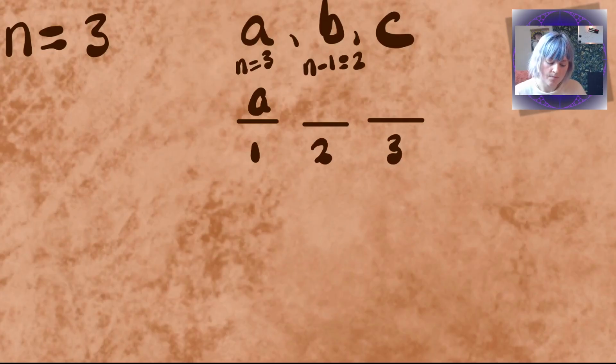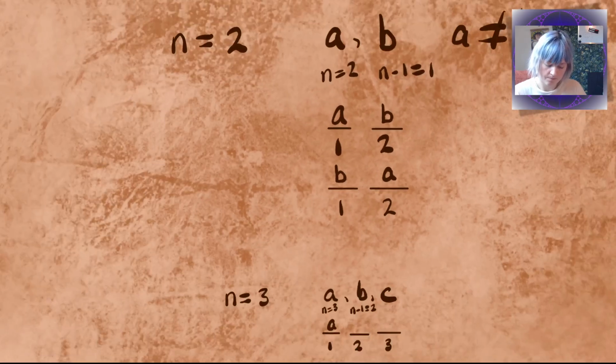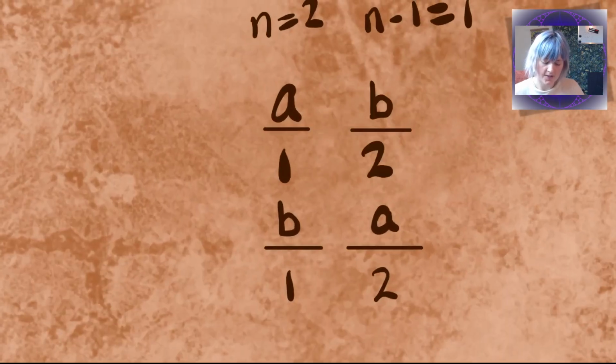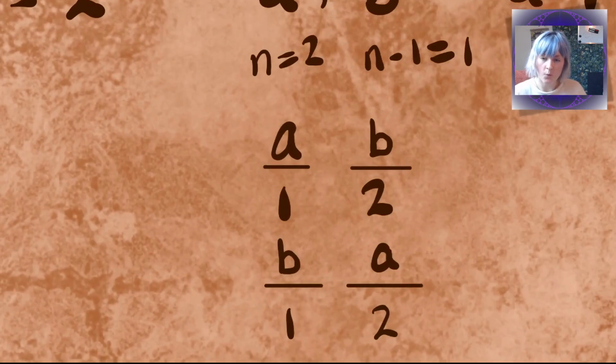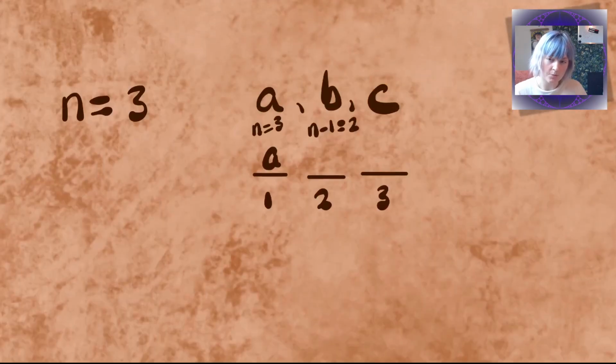So before, when I went to the second position up here, you'll notice that I only had 1 option to fill the second position, right? In both of these cases. Well, here, now that I have 3 elements, I actually have 2 options.